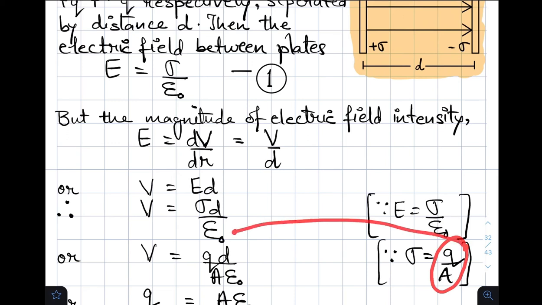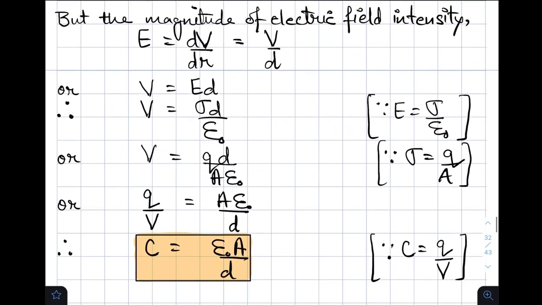I put it here, I get Q d upon epsilon naught A. Or if I have to find only Q, Q is equal to A epsilon naught V upon d, or Q upon V becomes equal to epsilon naught A upon d. Now we remember that we had just studied Q upon V as capacitance. So capacitance is equal to epsilon naught A upon d.